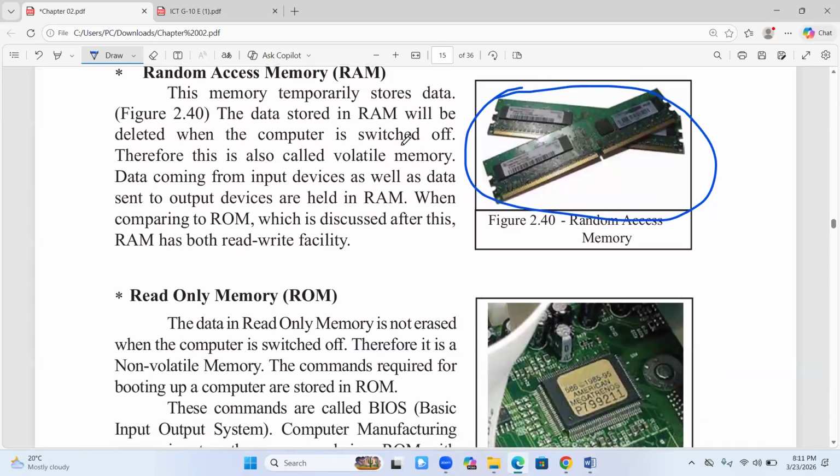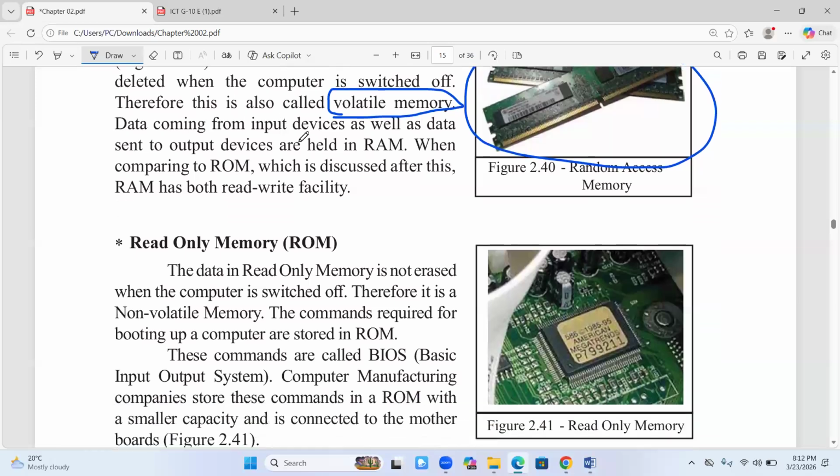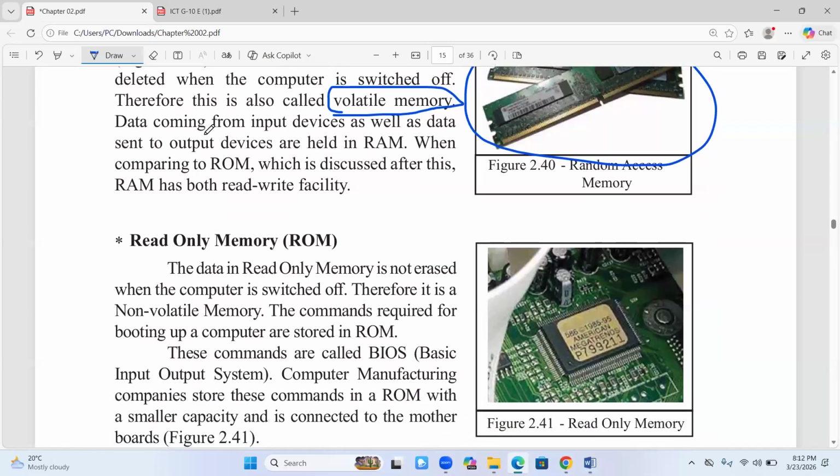That is a volatile memory, because it stores the information, data or instructions for a short period of time. Because of that, we call RAM a volatile memory. Data coming from input devices, as well as data sent to output devices, are held in RAM.